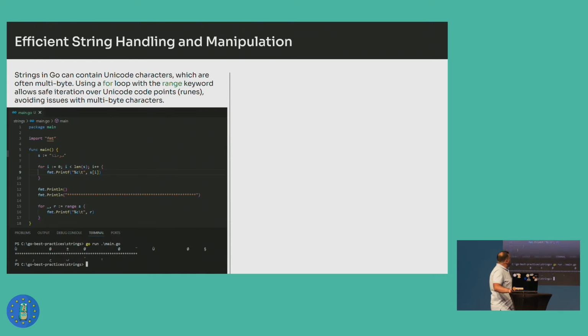So always use a for loop instead of using indexing, because when iterating through strings, we need to avoid issues with multi-byte characters. For instance, I have here an Arabic word, marhaba, like hello in English. When I iterate it, it's messed up when I log it. So always prefer using range instead of using the index when dealing with strings.